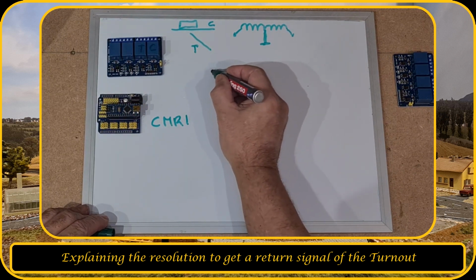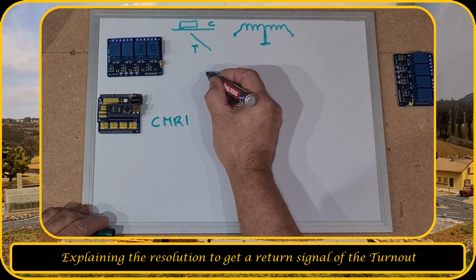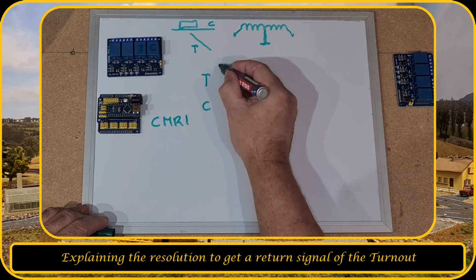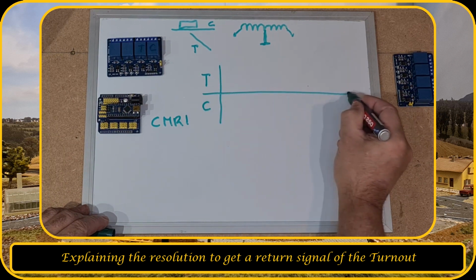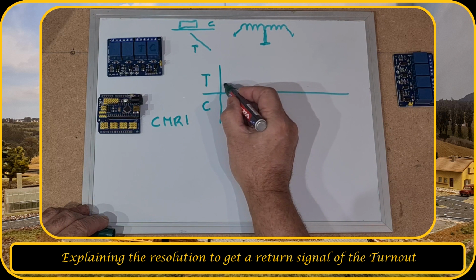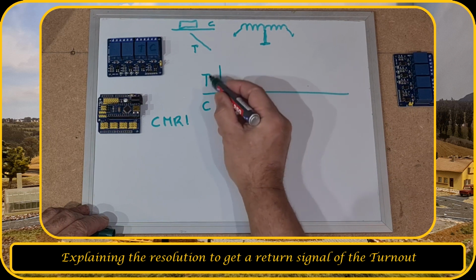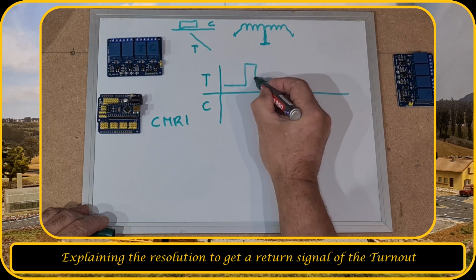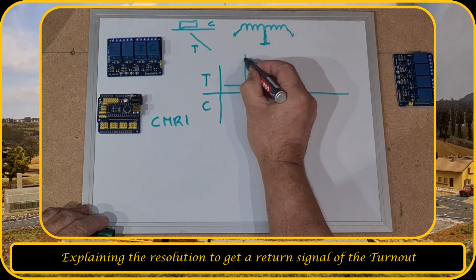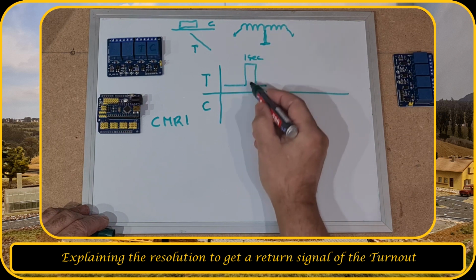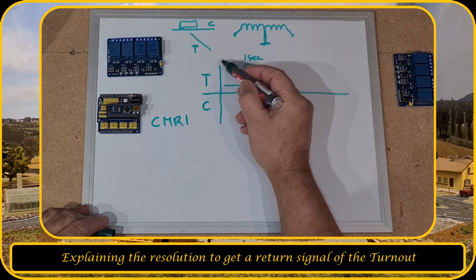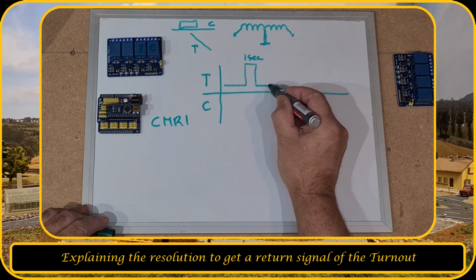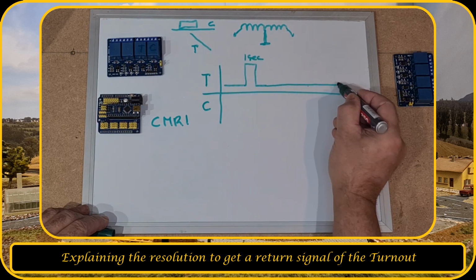So let me put that here as well, close and thrown. And the thing is, if you have the thrown and close pulse in time, then there will be no power. For example, when it is set to thrown, a pulse of 1 second is sent, and then the turnout will set to thrown, and for the rest nothing happens.